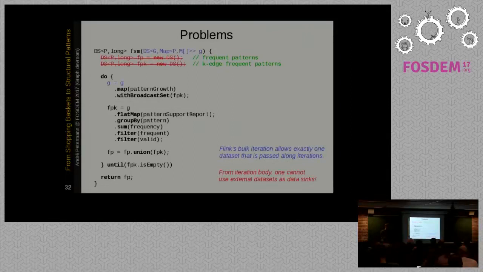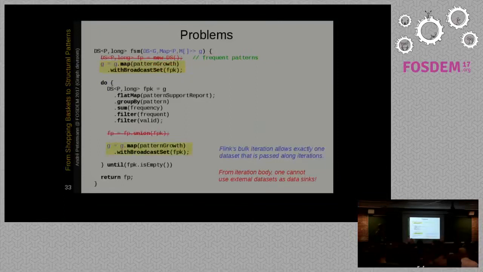But the problem is that Flink's bulk iteration is a data flow iteration, it's not like a typical while loop, it's related to the batch API of Apache Flink. It allows only exactly one data set to be passed along iterations. And here we have 3 data sets which we manipulate during our iterations. There's also a constraint that from the iteration body we cannot access these data sets, so this doesn't work.